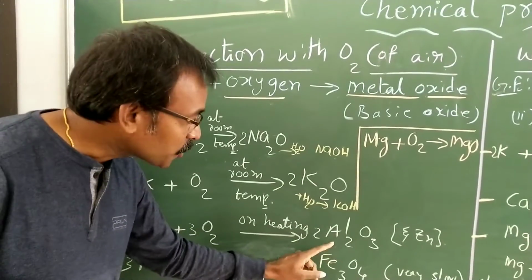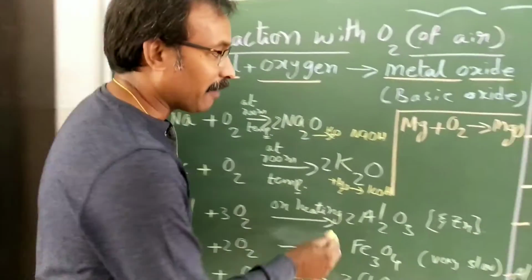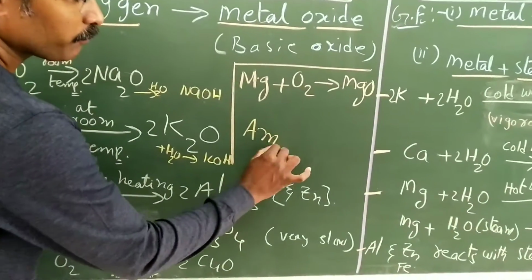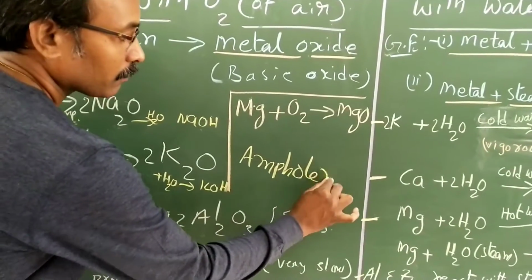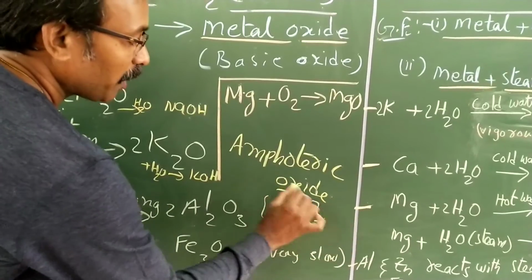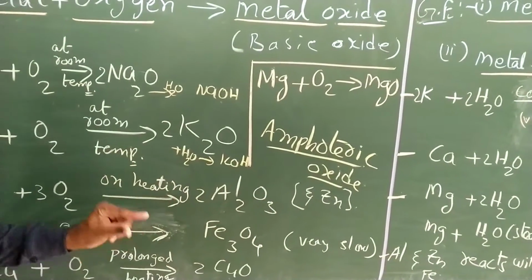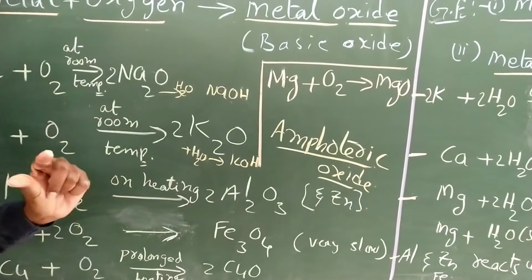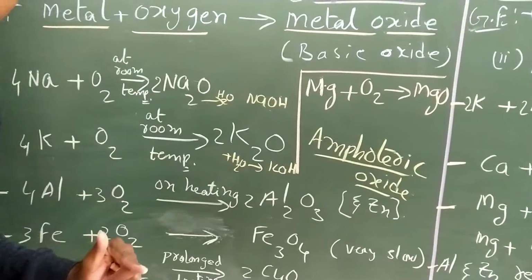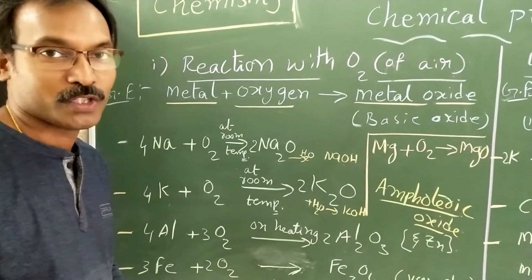That's why such types of oxides of metals are called amphoteric oxides. How many do we have like this? Aluminium oxide and zinc oxide. These are the two oxides which show the properties sometimes as an acid, sometimes as a base. That's why aluminium oxide and zinc oxide are known as amphoteric oxides.